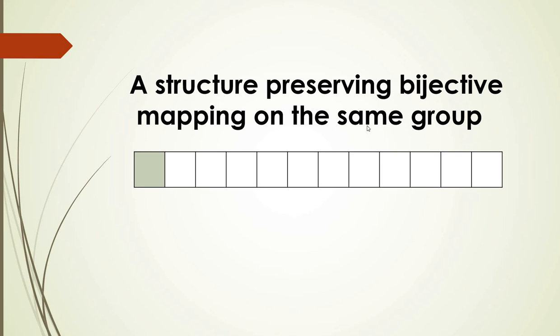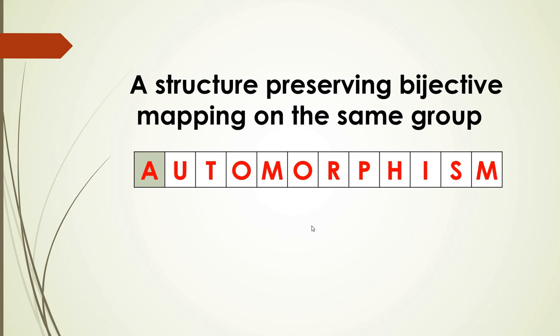But on the same group, from G to itself, a bijective mapping which is also a homomorphism. What do you call it? Automorphism, that's correct.